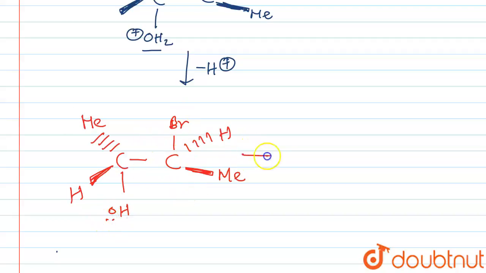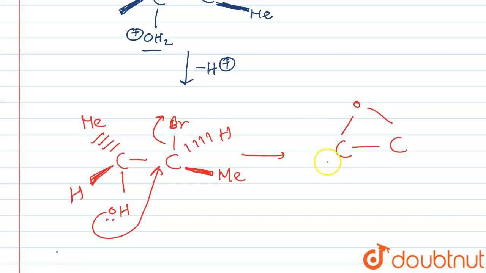Then another reaction takes place: the oxygen having a lone pair attacks this carbon, and bromine, being a good leaving group, leaves. Overall it leads to formation of this type of compound, with H, methyl, hydrogen and methyl.